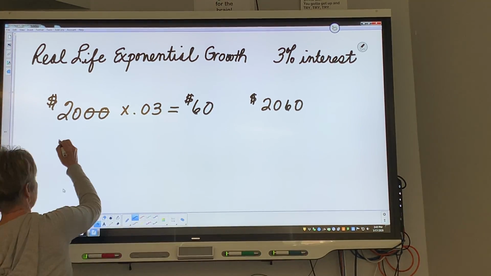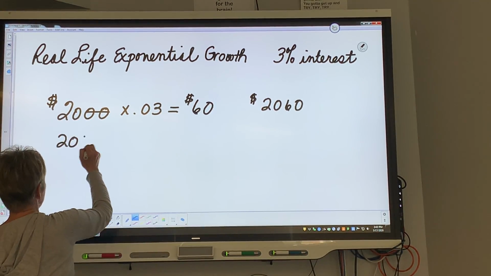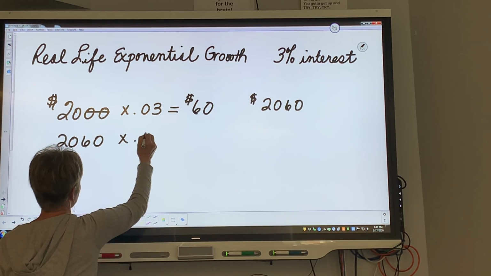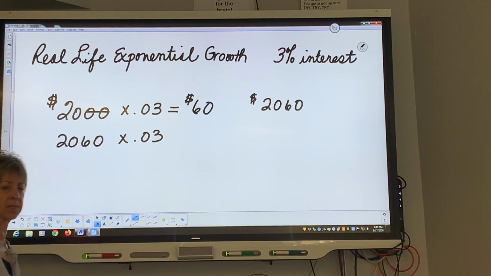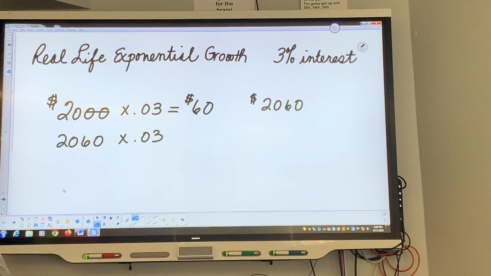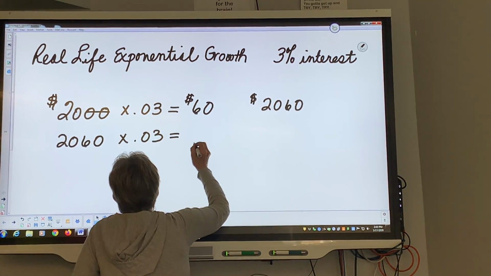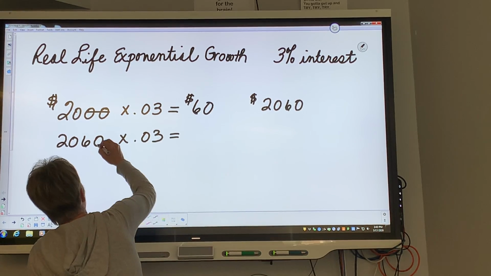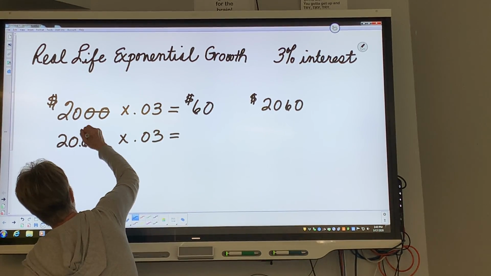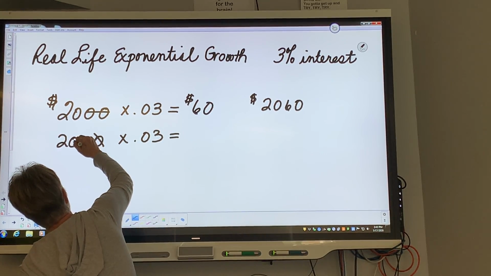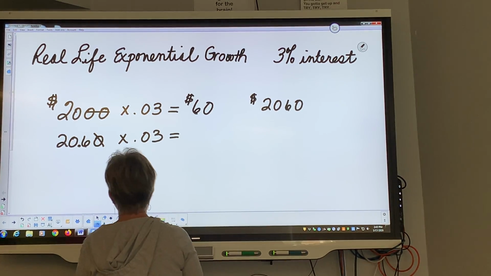Okay. So then the second year, you now have $2,060 that you're going to get 3% on. So now, when I multiply by 3%, let's see if Mrs. A can do that in her head. We're going to basically knock this 0 and put the decimal here. So what's that going to be?